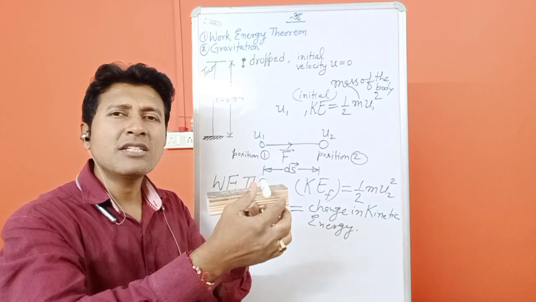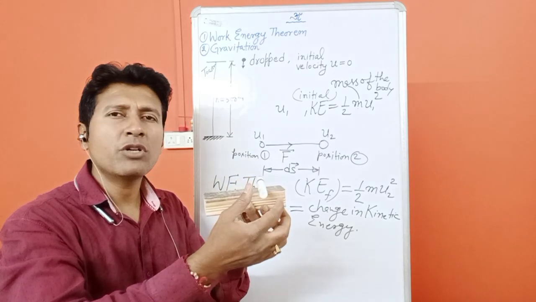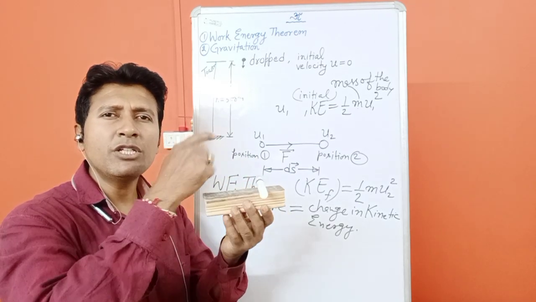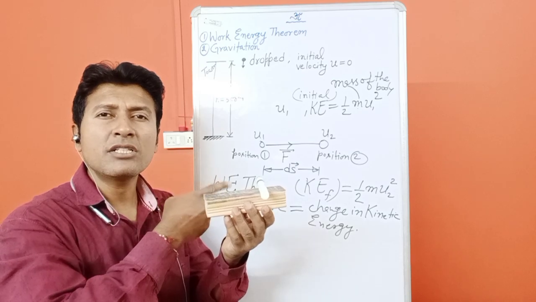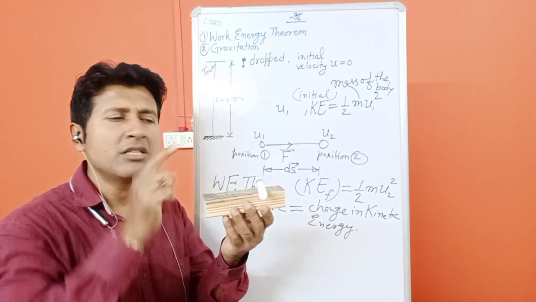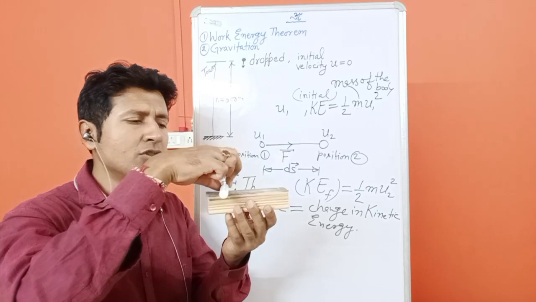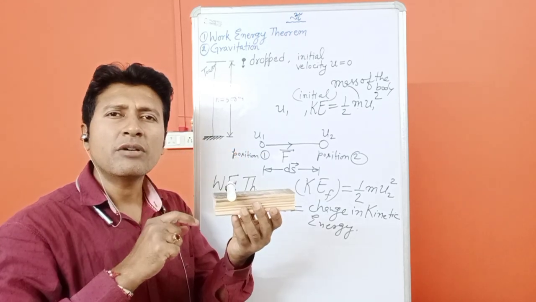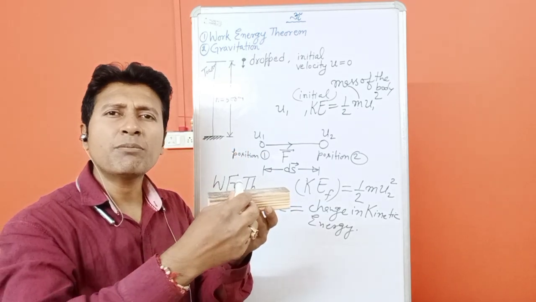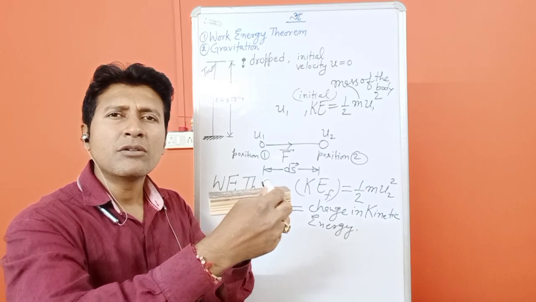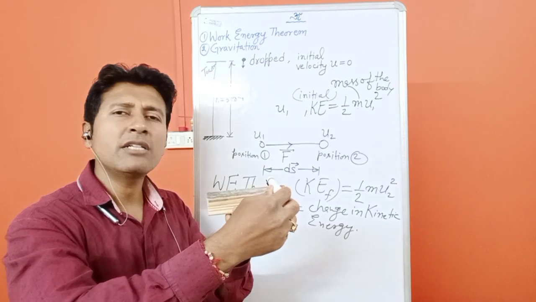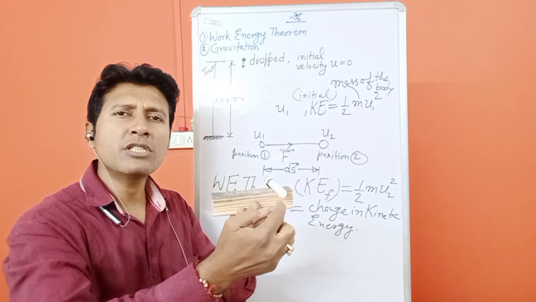So the mass of this body will be used while calculating the change in kinetic energy. This was the initial condition of the body, and when the force is applied, the body got displaced and came to this position.